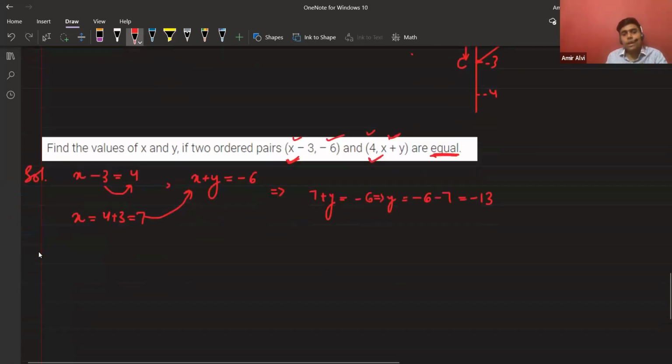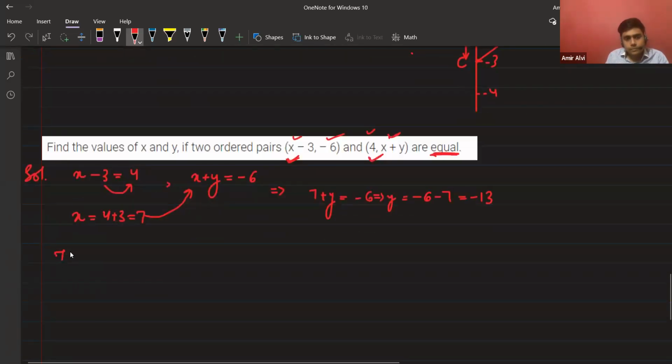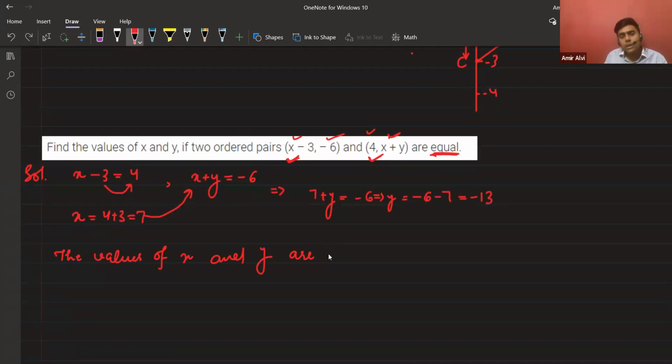So x and y are, in brackets, 7 comma minus 13. Is this clear, Simrat, to you, dear?